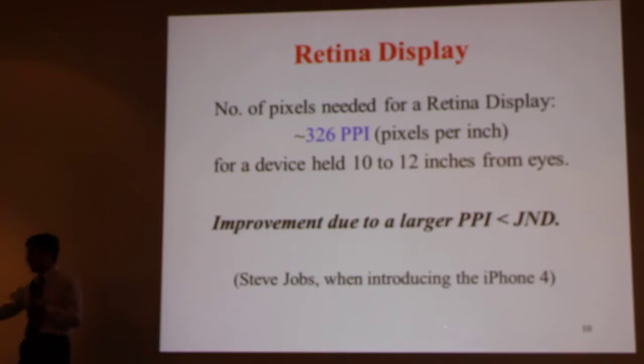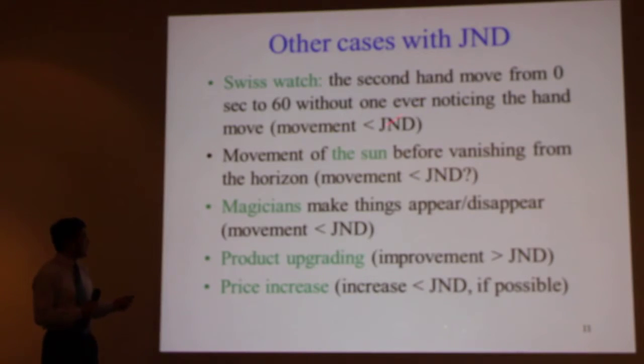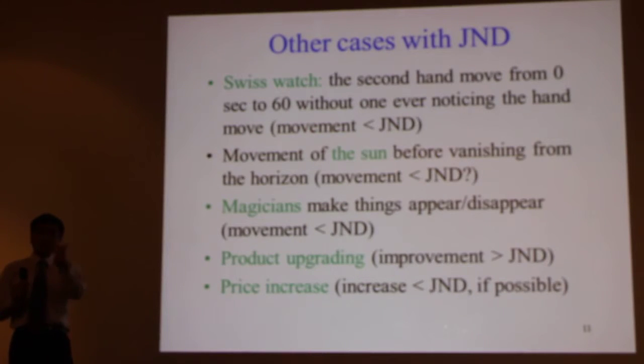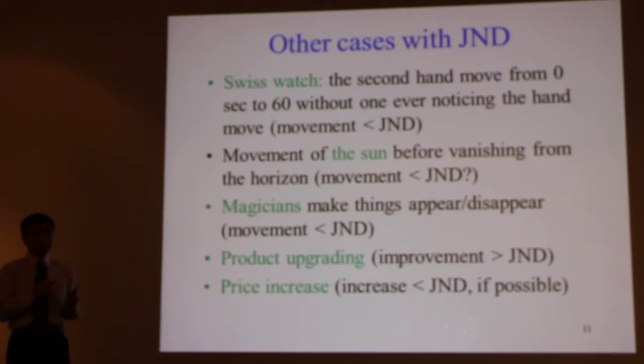Okay, then other cases of JND: some Swiss watches, they claim their second hand movement is below JND. It goes from 0 to 60 seconds and you cannot notice the change.